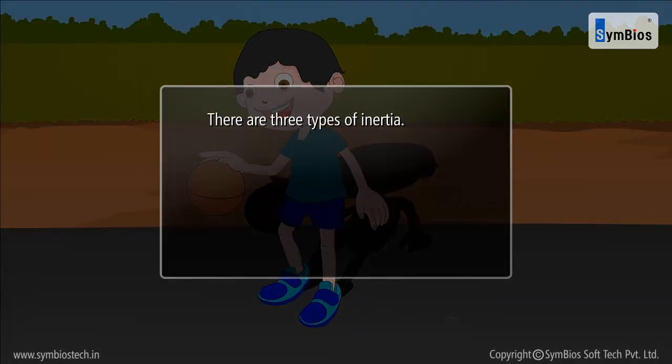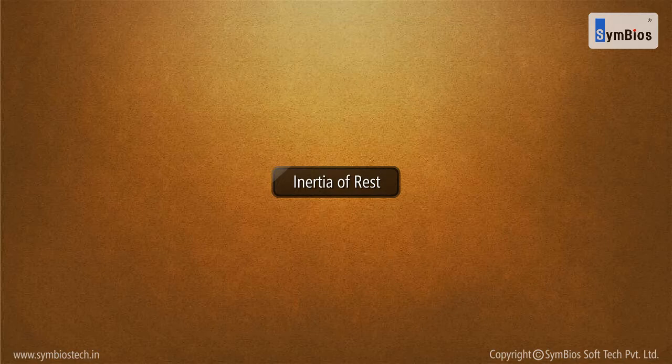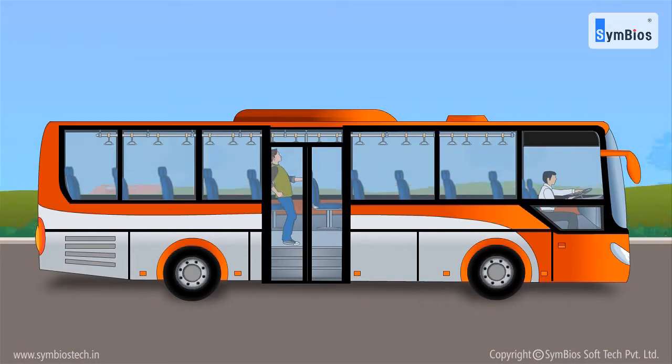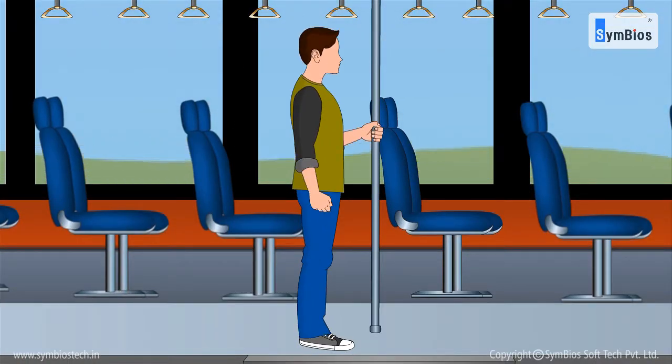There are three types of inertia: inertia of rest, inertia of motion, and inertia of direction. Inertia of rest. When a bus suddenly starts moving forward, the passengers in the bus fall backward.